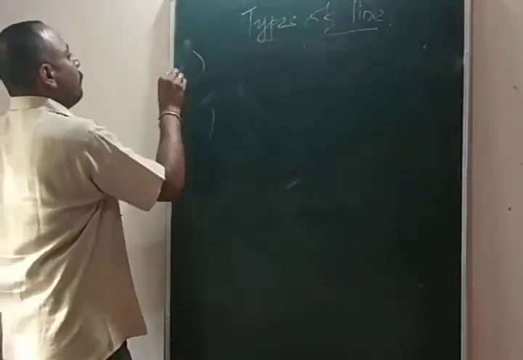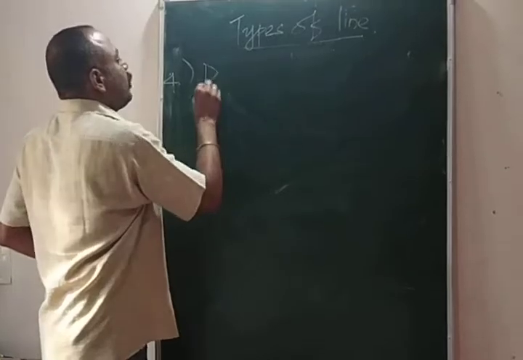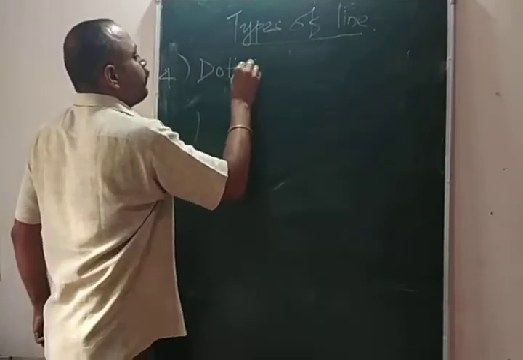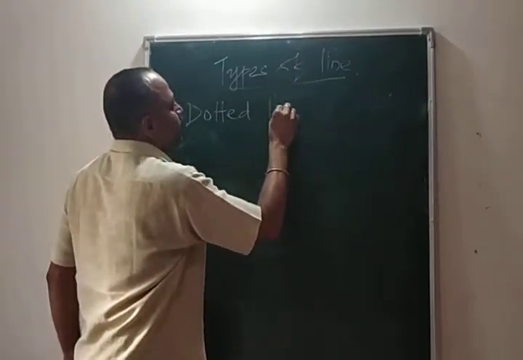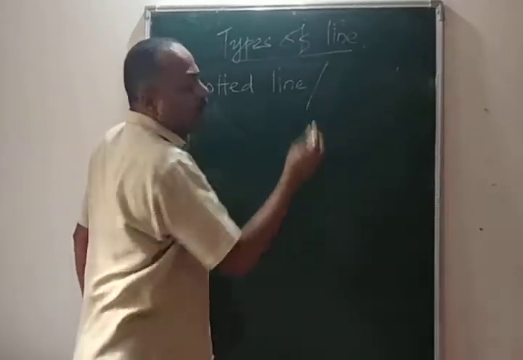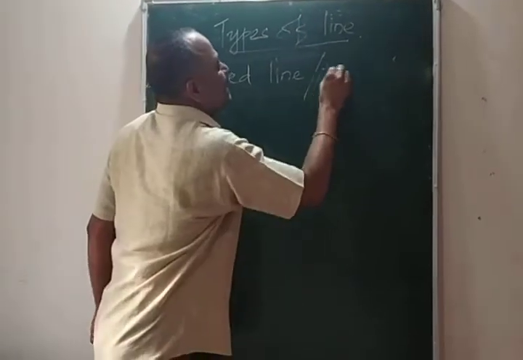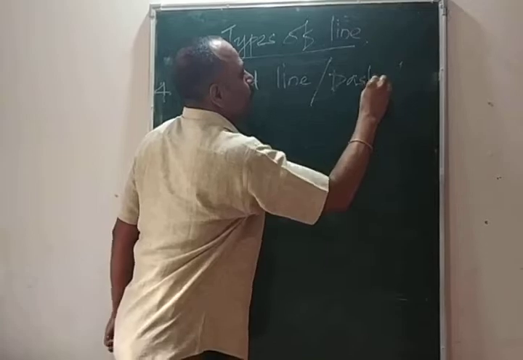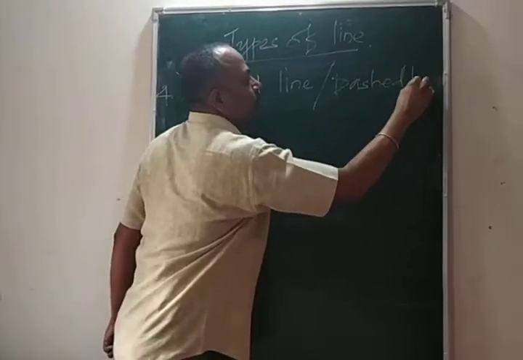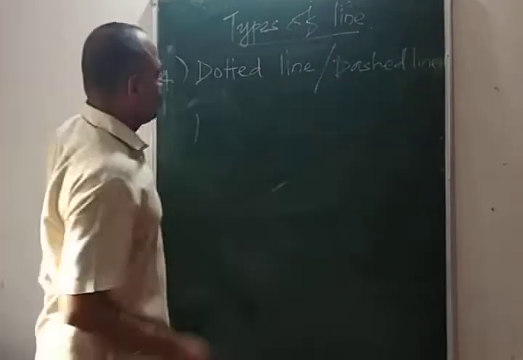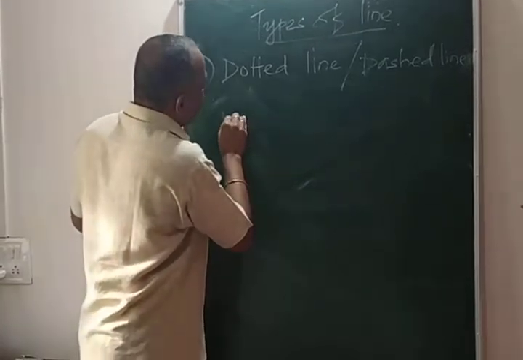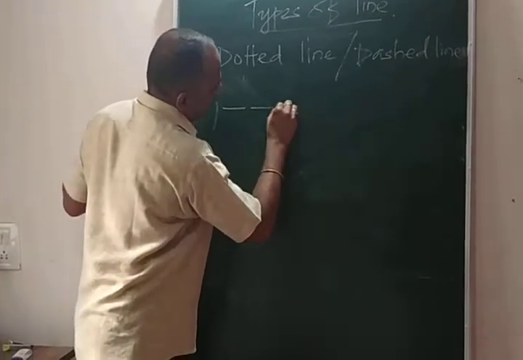Number 4, that is dotted line, or I can say dashed line. The symbol of this dotted line is like this.